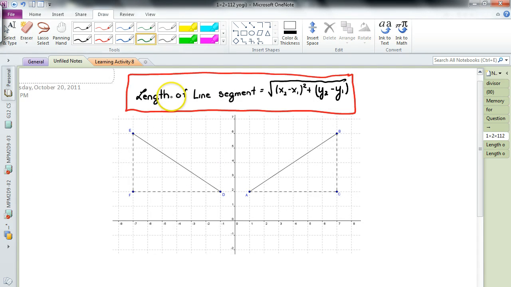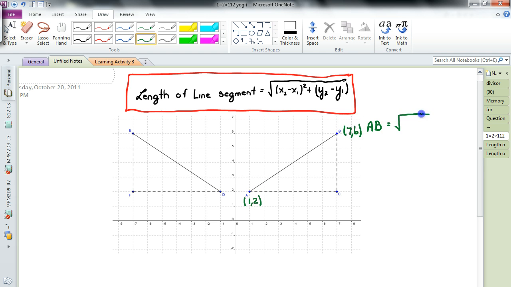Okay, so I've written our formula up here at the top, and we're first going to do line segment AB. So AB is equal to, so A, we've already said is 1, 2. B is 7, 6.